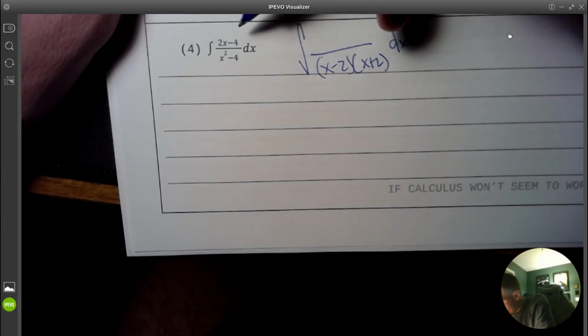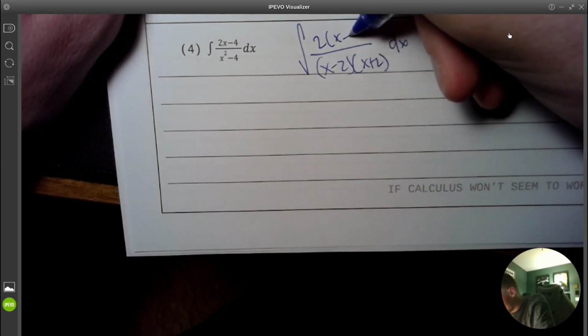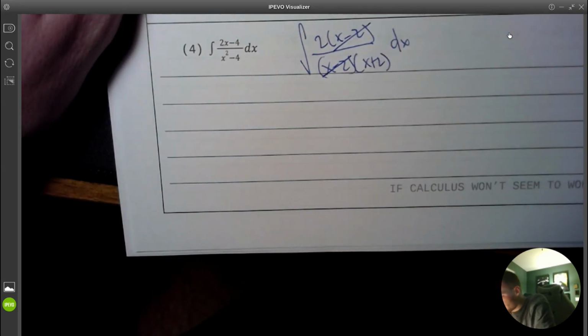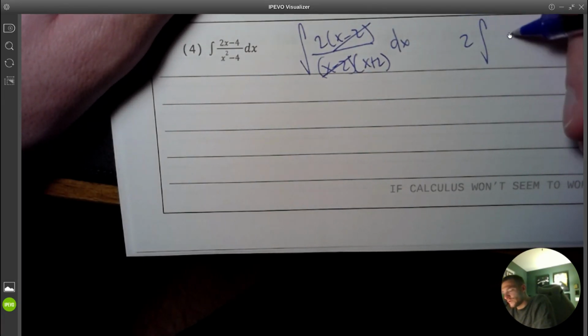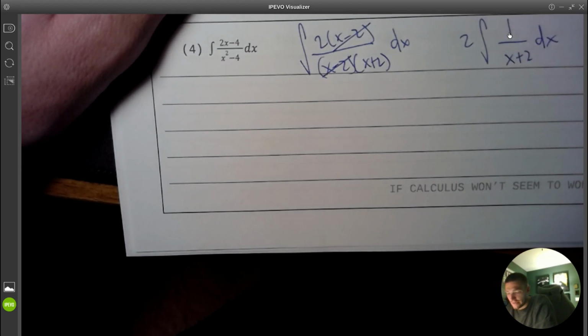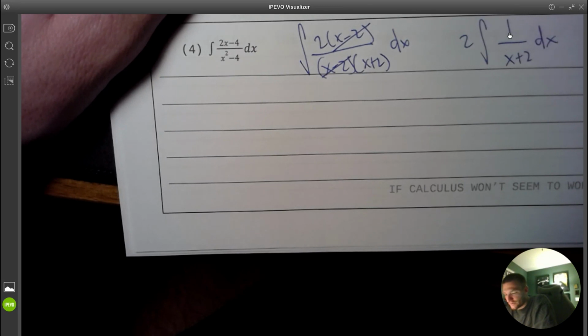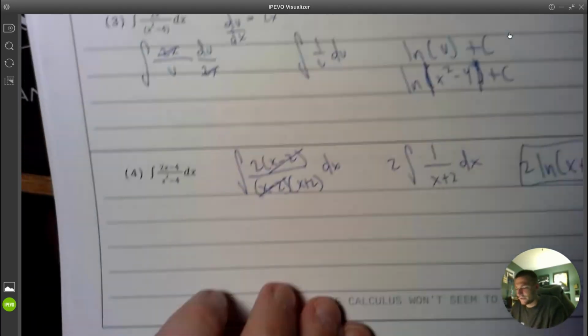The top, a little GCF perhaps. Okay, now I'm liking that. 2 integral of 1 over x plus 2 dx. That looks like natural log. 2 natural log of x plus 2 plus c. Before I move on, plus c.